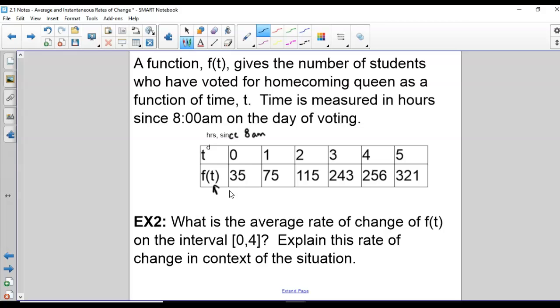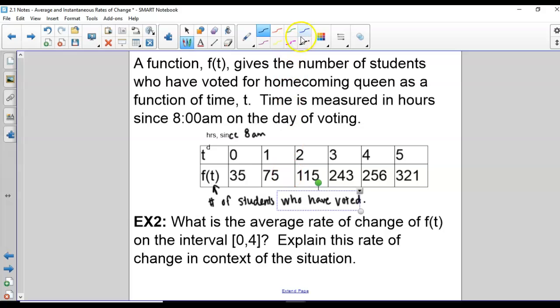Number of students who have voted, right?